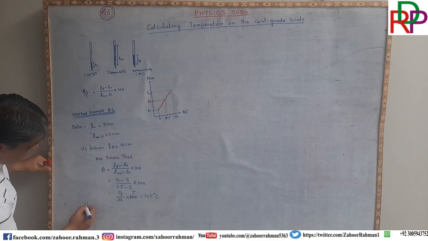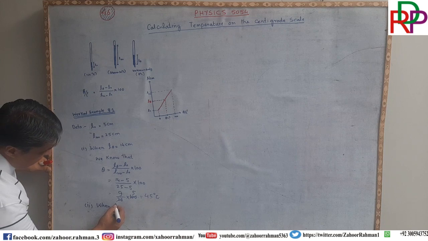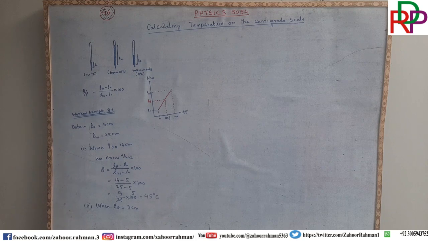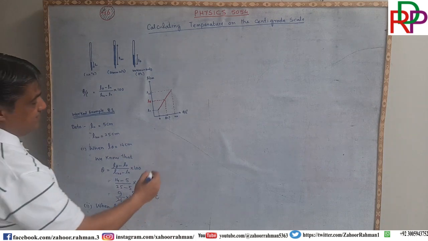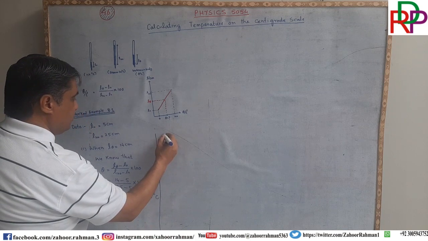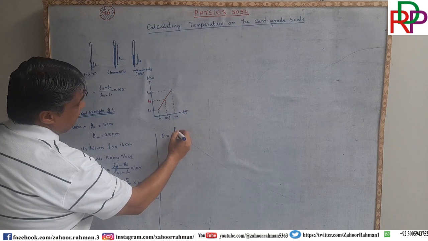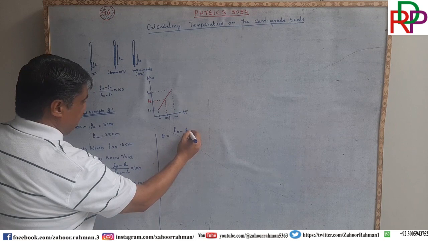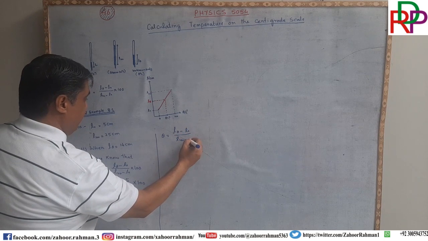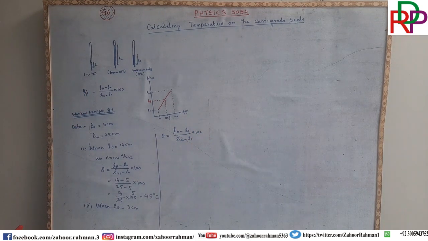Now, ladies and gentlemen, in the second part, they are saying when L theta is equal to 3 centimeter. When L theta is equal to 3 centimeter, we have to use that formula again, that is L theta minus L naught over L100 minus L naught multiplied by 100.